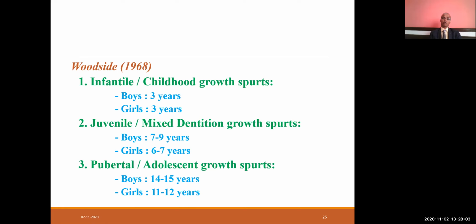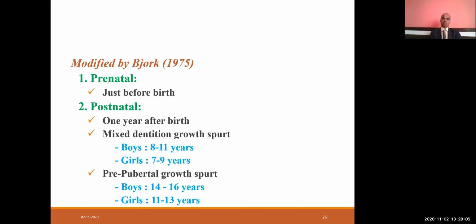This growth spurt classification was modified by Bjork, and he classified growth spurt into two stages: prenatal and postnatal. Prenatal growth spurt occurs just before birth, whereas postnatal there are three growth spurts.